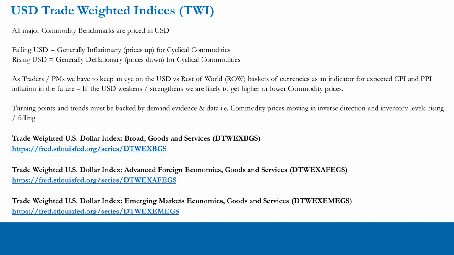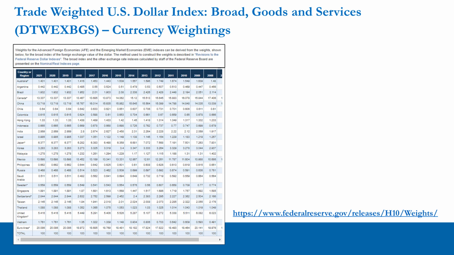And if you click through the links, for example, to the Broad Index, you can see the weightings of all of the currencies of the US's trading partners that are used. So you can see the weightings of the currencies that make up the index.